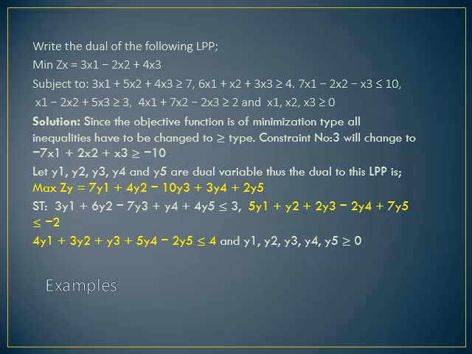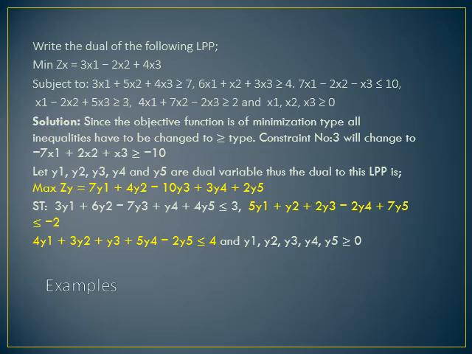The first constraint is 3y1 + 6y2 - 7y3 + y4 + 4y5 ≤ 3.